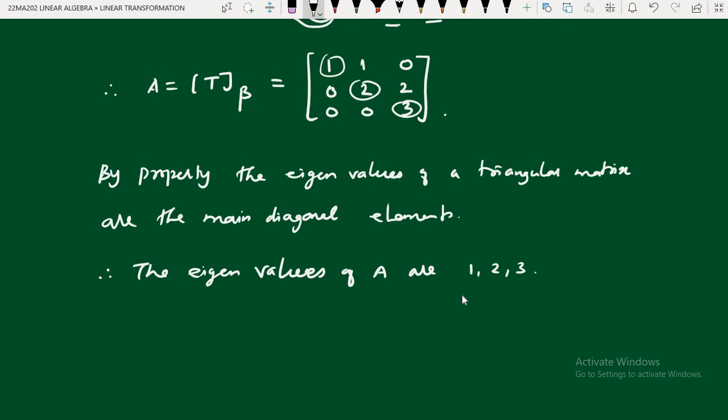The actual way is to apply determinant of A minus lambda I equal to 0; this is the original method. For this problem we have a triangular matrix, so we can easily find them by the property. Right, next our aim is to find eigenvectors.